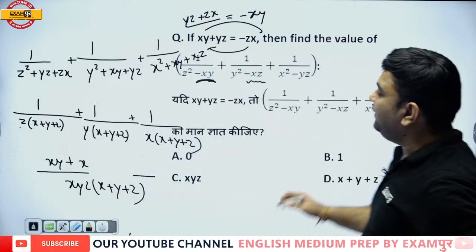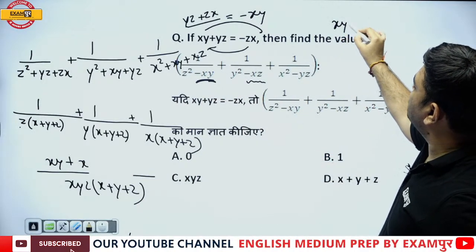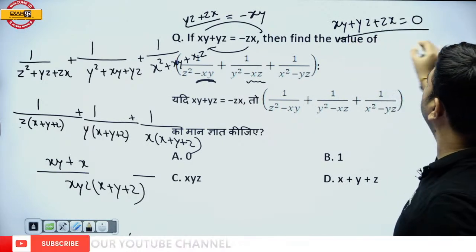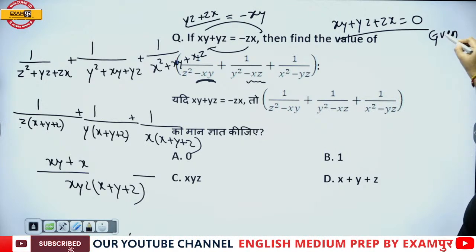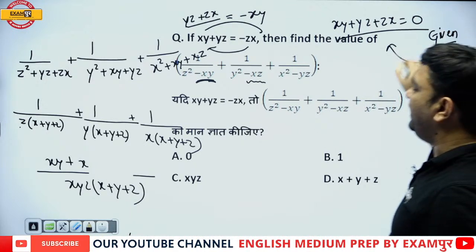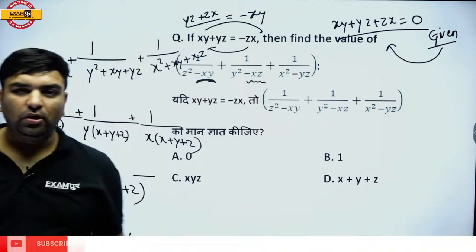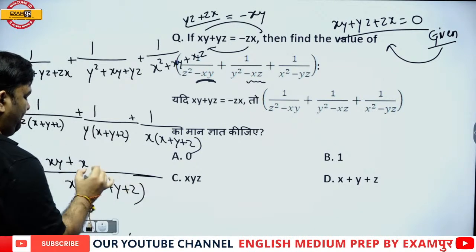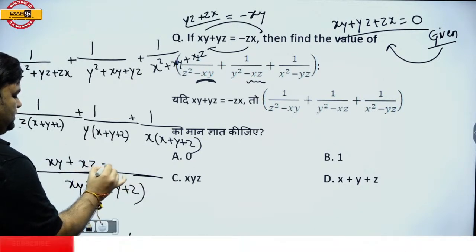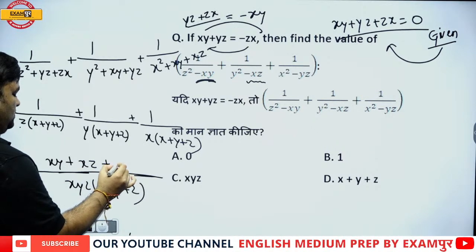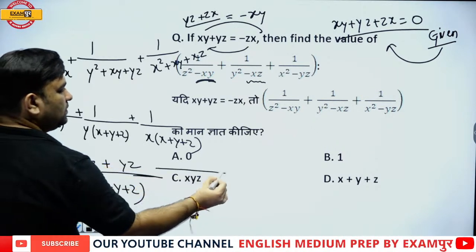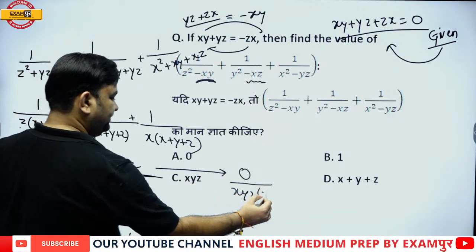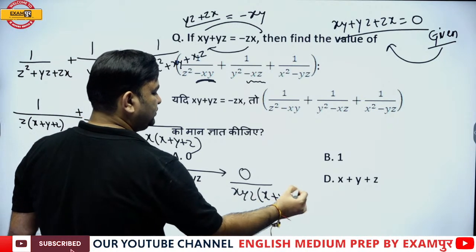And for your kind information, xy plus yz plus zx is already given as 0 in the question. So zero upon something is 0.